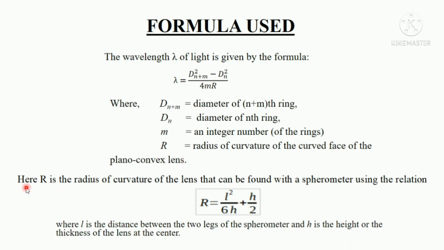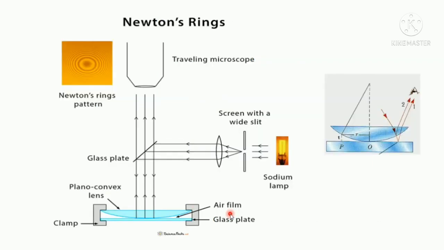R is the radius of curvature of the plano-convex lens, which can be determined by a spherometer by the relation R is equal to L square upon 6h plus h by 2, where L is the distance between the two legs of the spherometer and h is the height of the center of the convex lens.